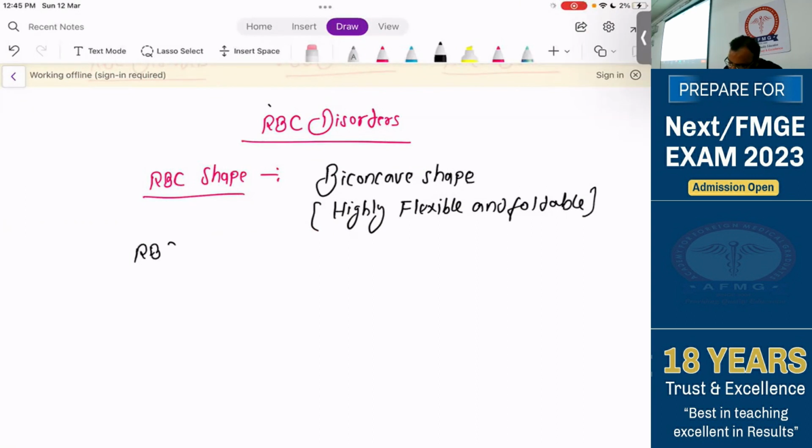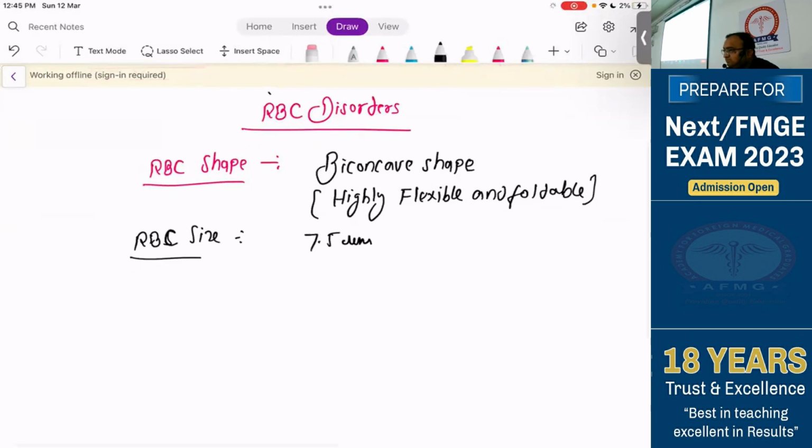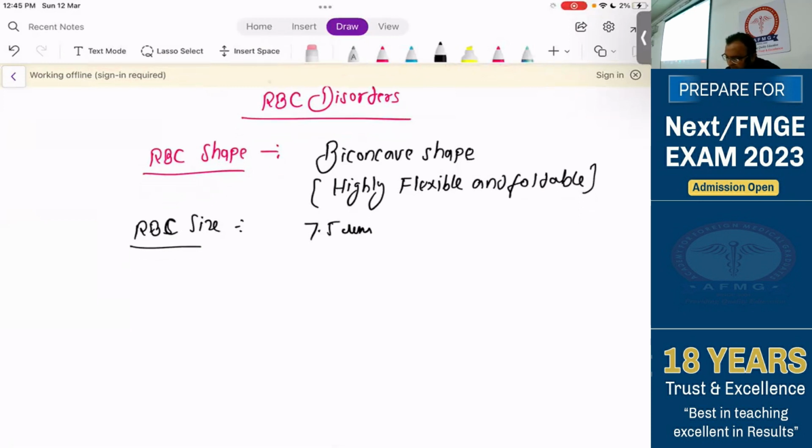RBC size: 7.5 micron is its size. Then comes its count, RBC count.